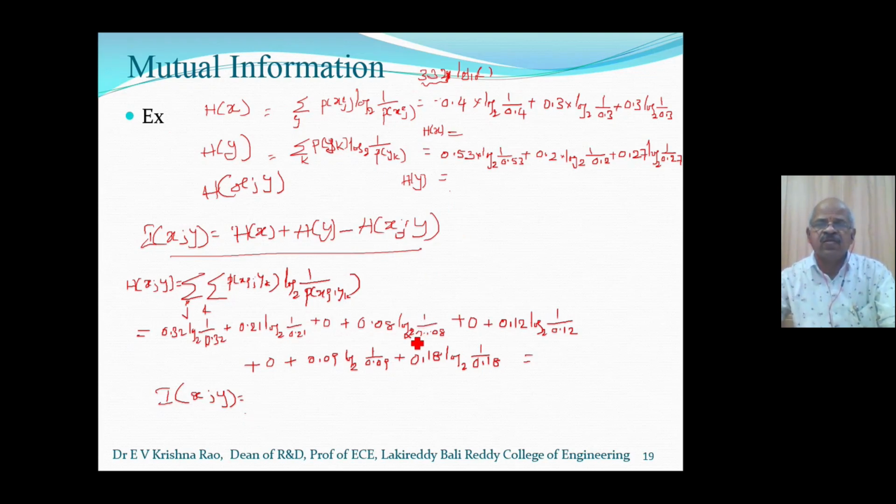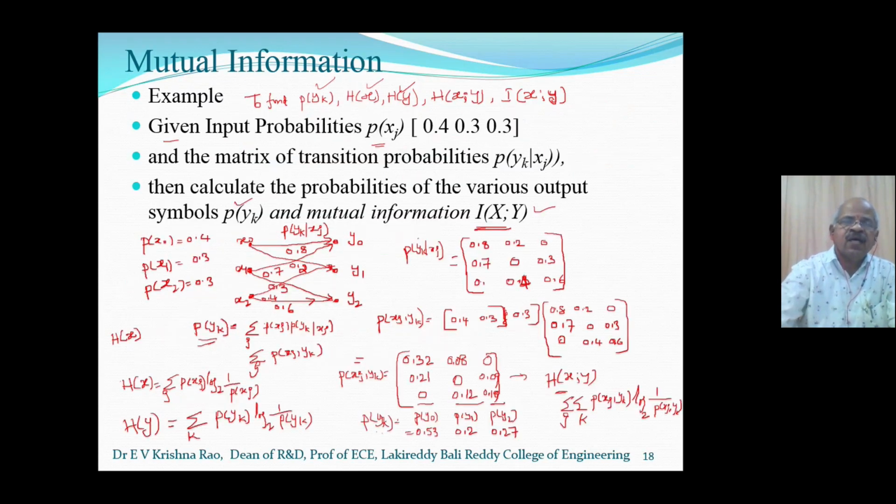If logarithmic base 2 is unable to be calculated, you can use logarithmic base 10 and just multiply with 3.32. That is how we got the output probability P of yk, input entropy, output entropy, joint entropy, and mutual information I.